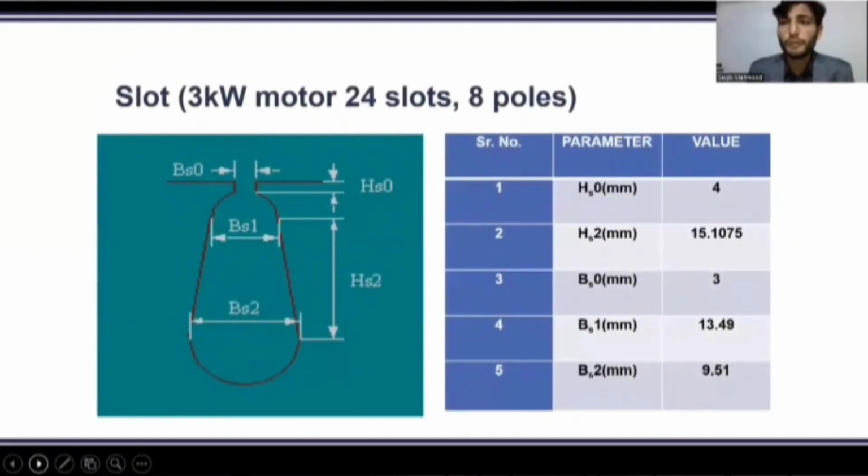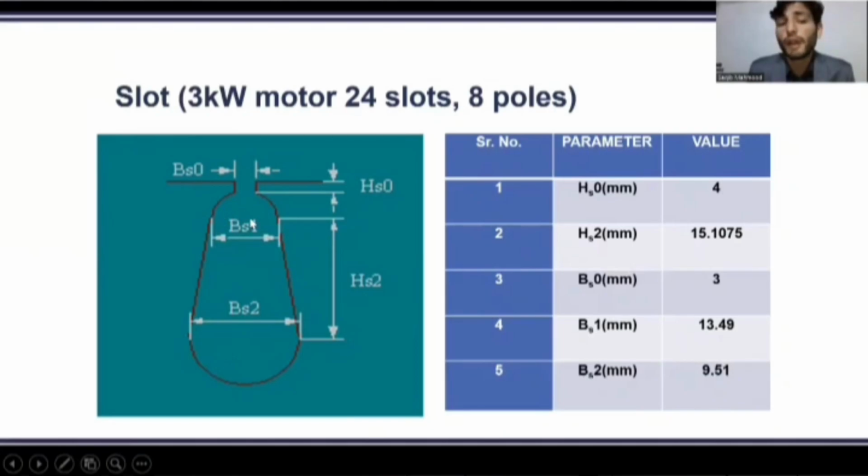When we entered the stator diameters of the different models into the software, it generated four different slot types, of which we selected this slot type, which is denoted as slot type one in the ANSYS Maxwell software.